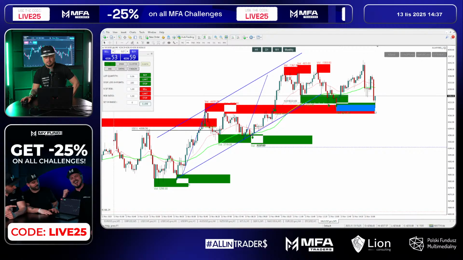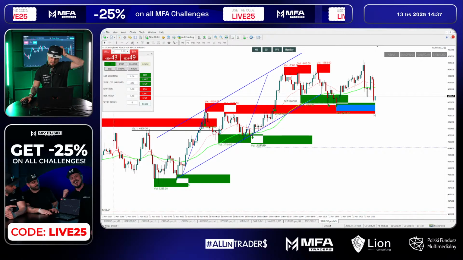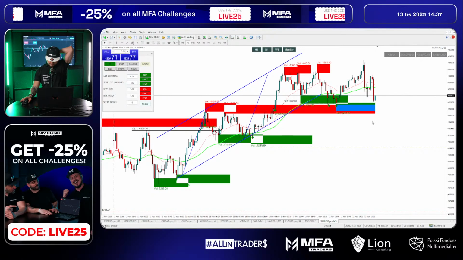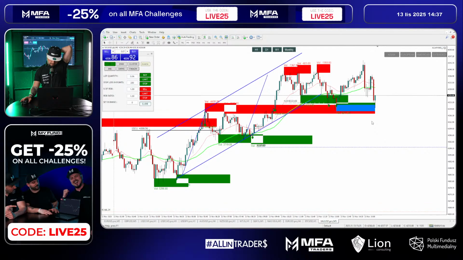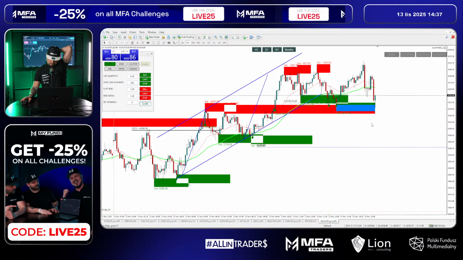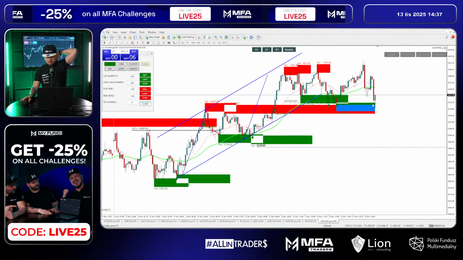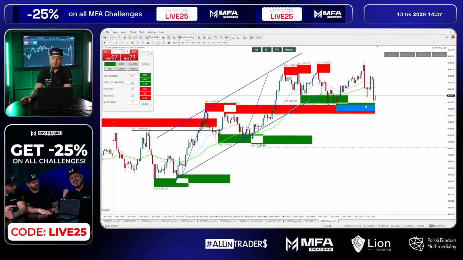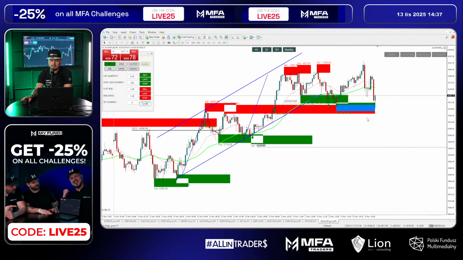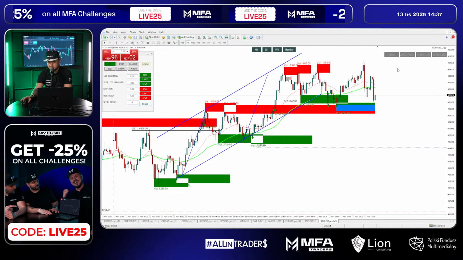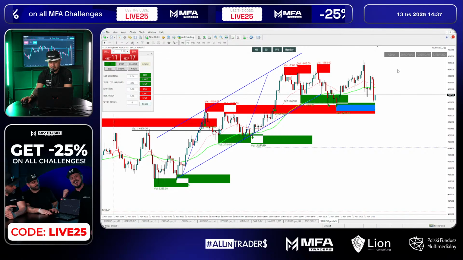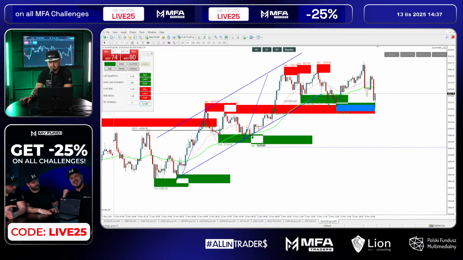Let's check gold. Okay. I thought this area is a little bit lower. These are volume areas.